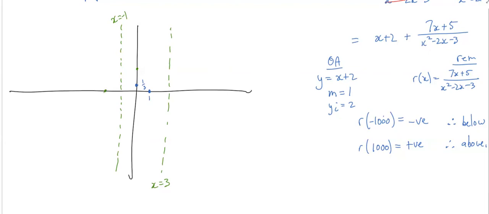Something like that. If you graph this line wrong, and this point that my oblique asymptote is going to go through was on the wrong side of the asymptote, it is not going to work. So you got to make sure you get that line right.